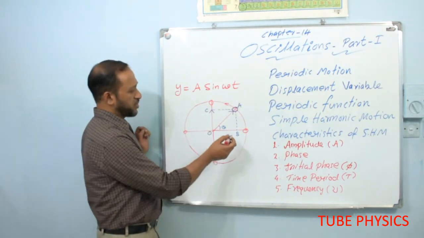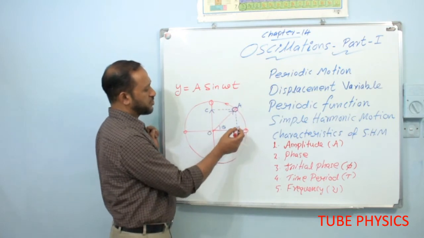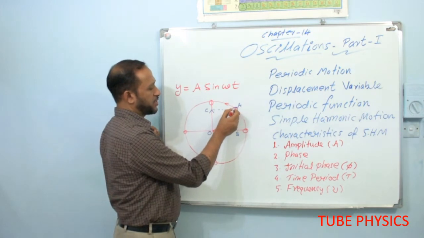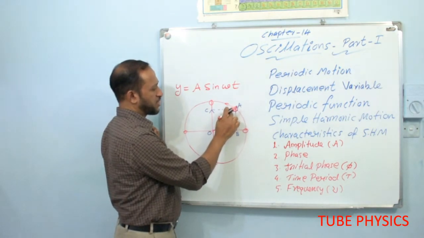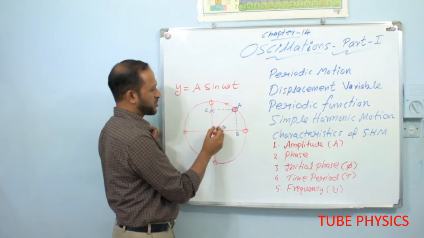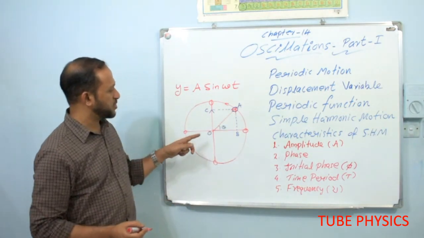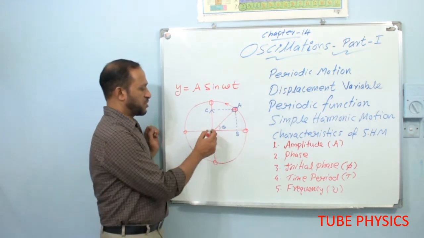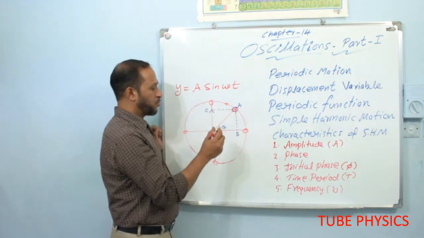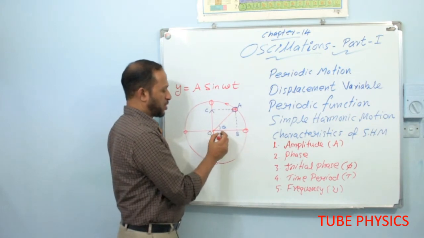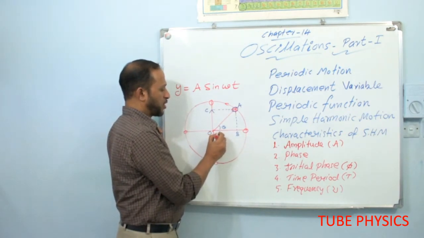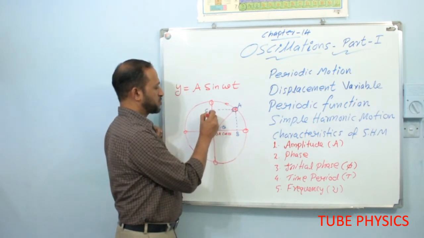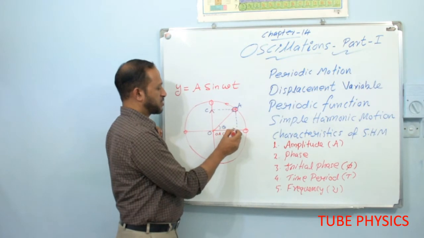Such a particle is moving in a circular path here, and at an instant of time, suppose the particle is at A, and its position vector at this instant is OA. That position vector is making an angle theta with the horizontal, so we can resolve this position vector OA into two components. The horizontal component will be equal to OA cos theta, and this vertical component will be equal to OA sin theta.